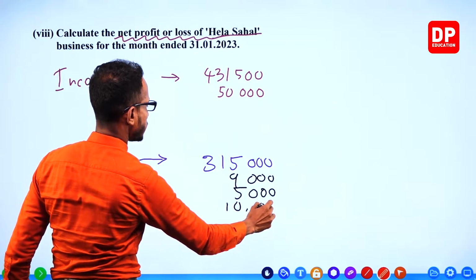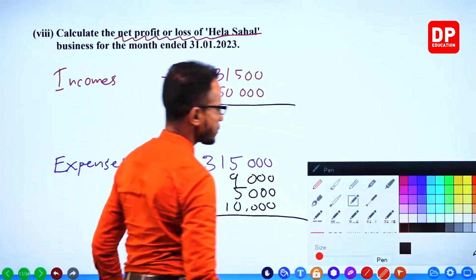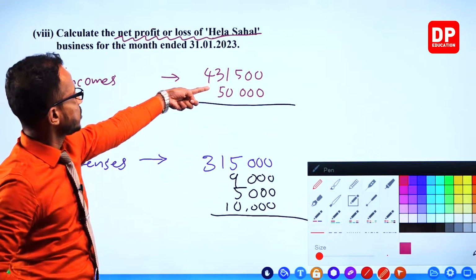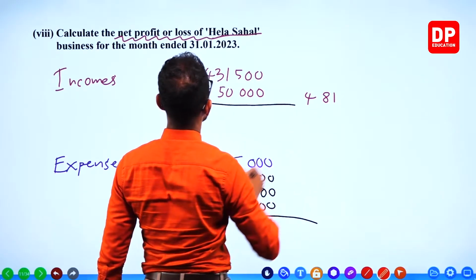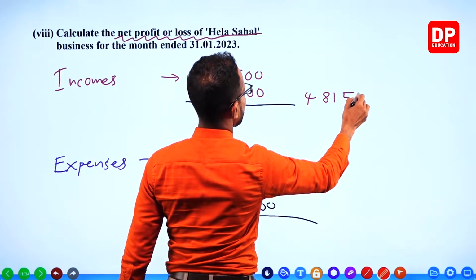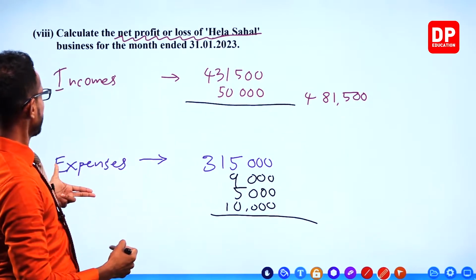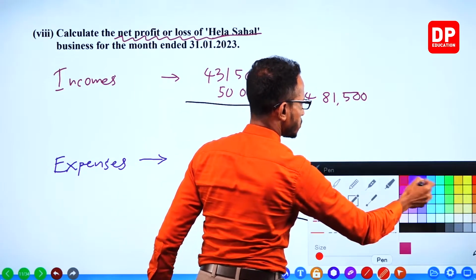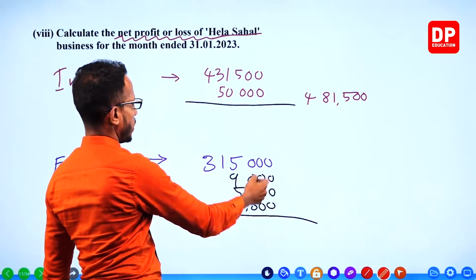Now, I guess this is it. Take the total income from the addition of this, 481,500, and take the total expenses from the addition of these, right?